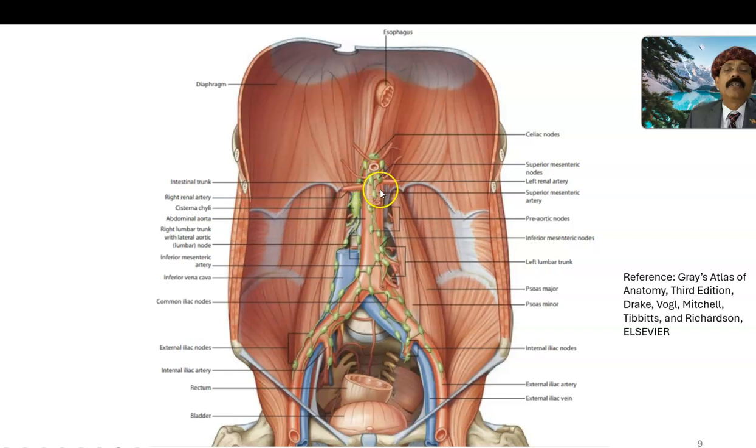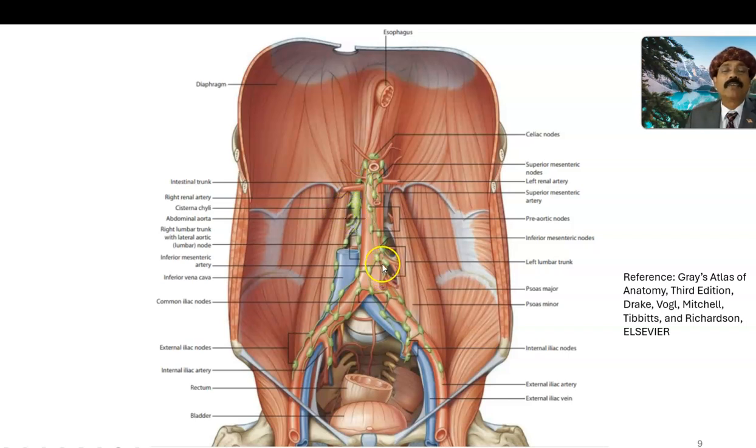It ultimately drains the lymph from the cecum, appendix, ascending colon, hepatic flexure, and up to the proximal two-thirds of the transverse colon. So it will go to the superior mesenteric lymph node.